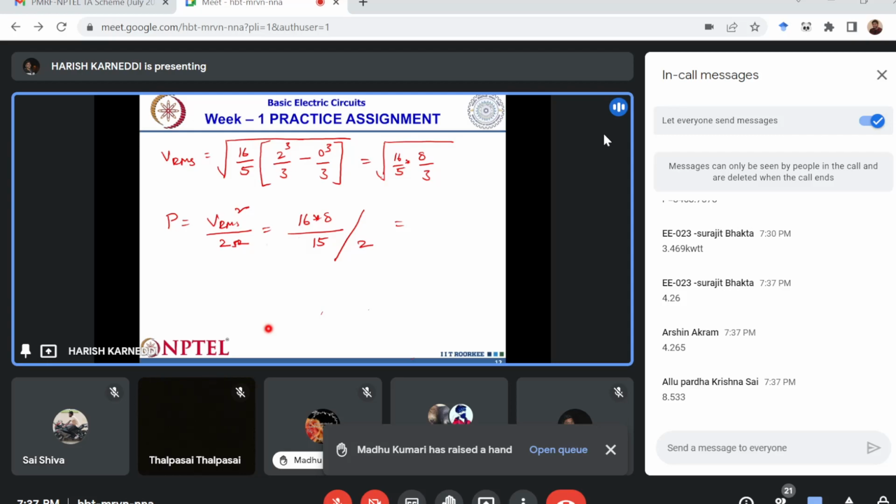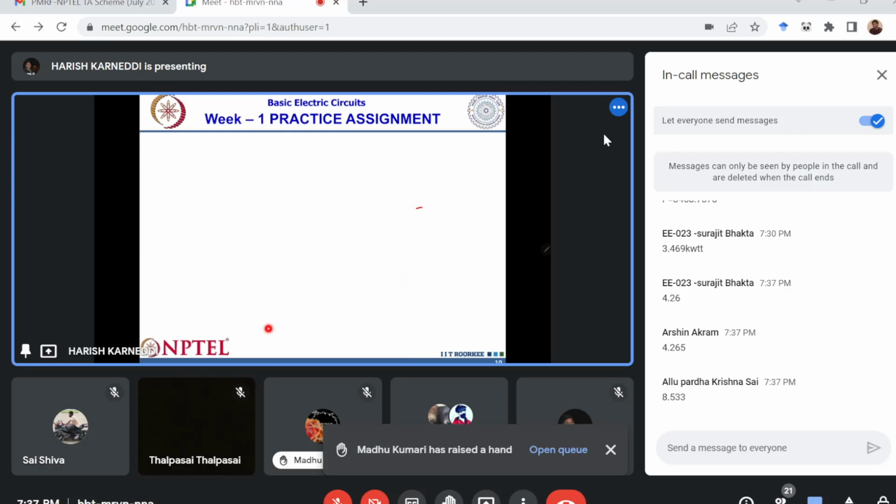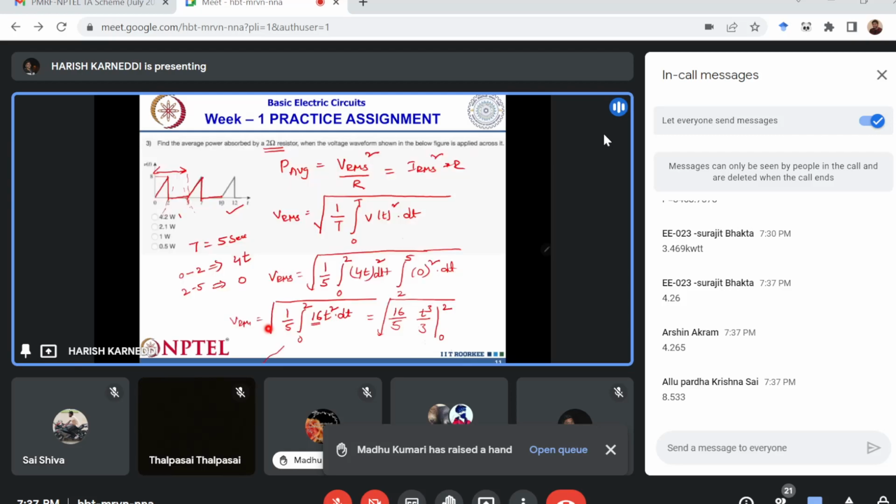So 16 into 8 by 15 by 2. It is approximately 4.26. This is 4.2 watts. That's option A.